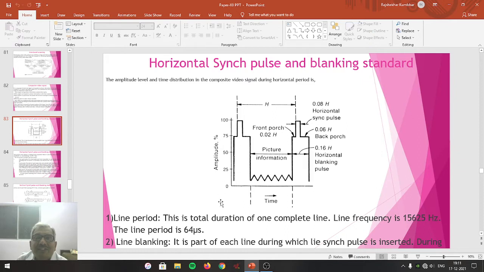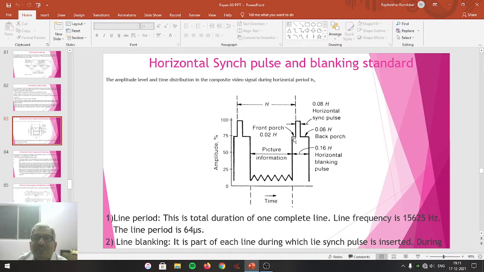On the y-axis there is amplitude, on the x-axis there is time. If you plot the graph, it looks like this. The 12 microsecond period is going to be divided into three parts. One is this period from this to this. It is known as the front porch.